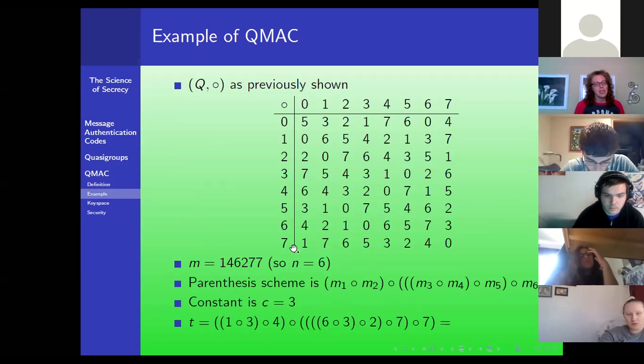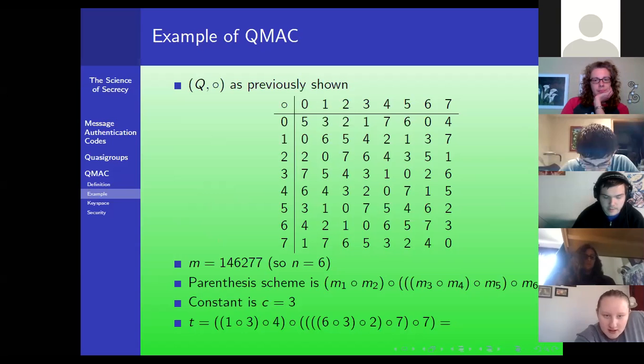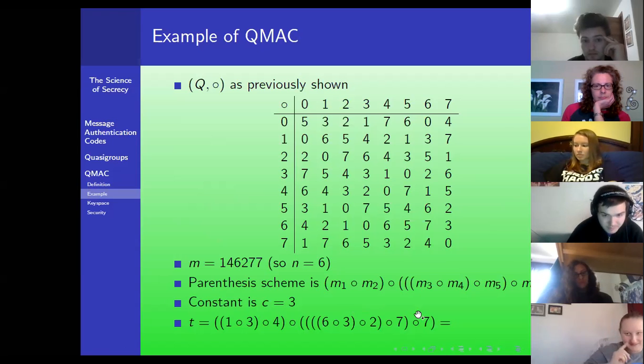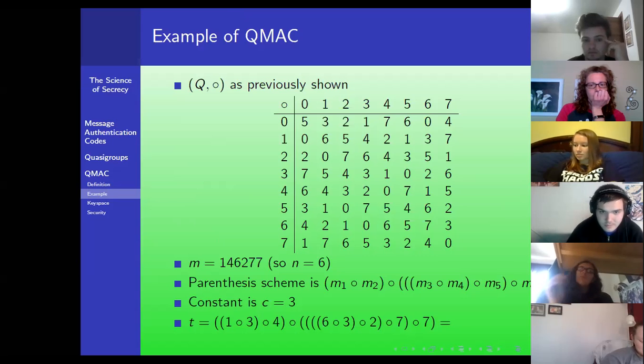See if you can come up with the message authentication tag for this key. So do the inside ones first and then keep going.